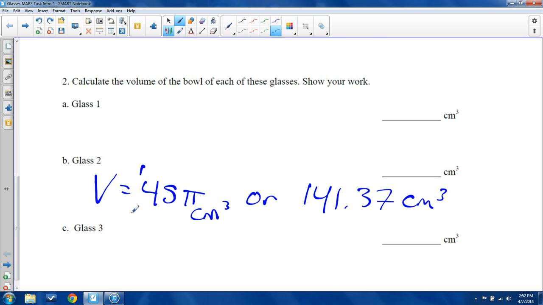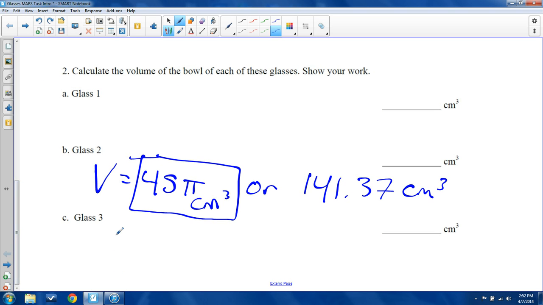I'm going to go ahead and use the 45 pi value because it's an exact value, and later I'm going to round off if I need to. You might also see later that the pi's might cancel out, so that might help you as well.